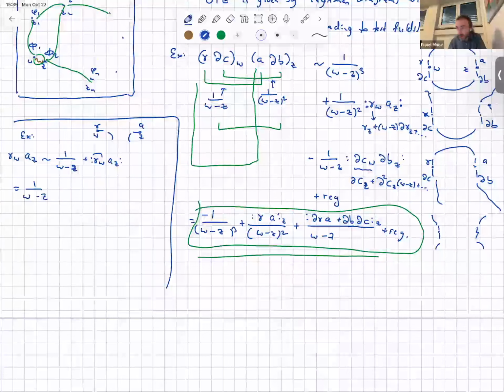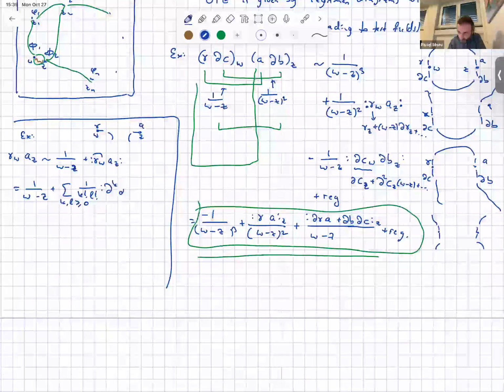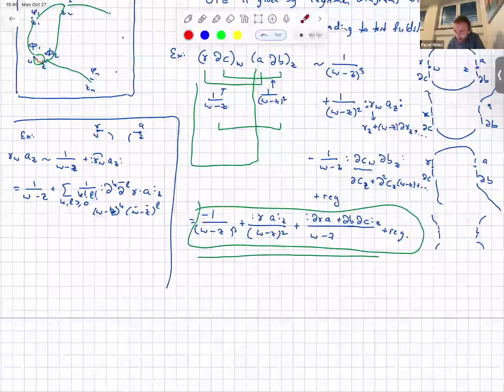That gives us a sum over K and L non-negative, 1 over K factorial L factorial, the appropriate derivative of gamma at the point Z times A at the point Z, times W minus Z to the K, W bar minus Z bar to the L. But here many terms are zero, modulo equations of motion, and hence zero under any correlator.